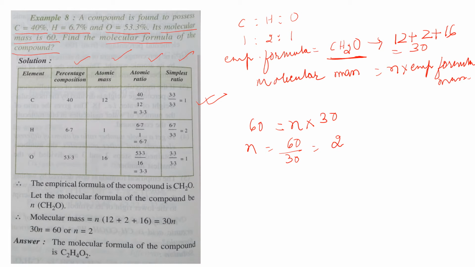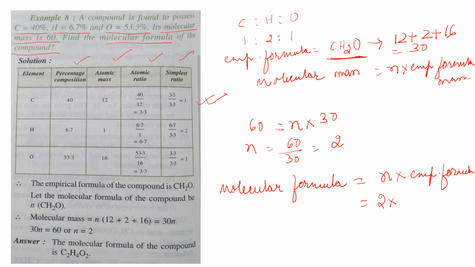If I am getting the N value, then N has to be multiplied with the empirical formula. They are asking you to find out the molecular formula. Molecular formula is equal to N into empirical formula. So N is 2 into the empirical formula CH2O. Now by multiplying this, I am getting C2H4O2. This is my molecular formula.